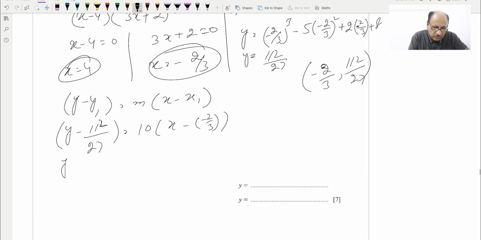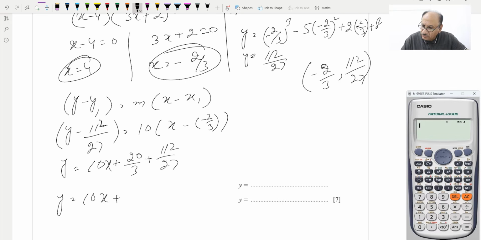So y is equal to 10x plus 20 over 3 plus 112 over 27, and y is equal to 10x plus, we can simplify this, 20 over 3 plus 112 over 27, and this results in 292 over 27.